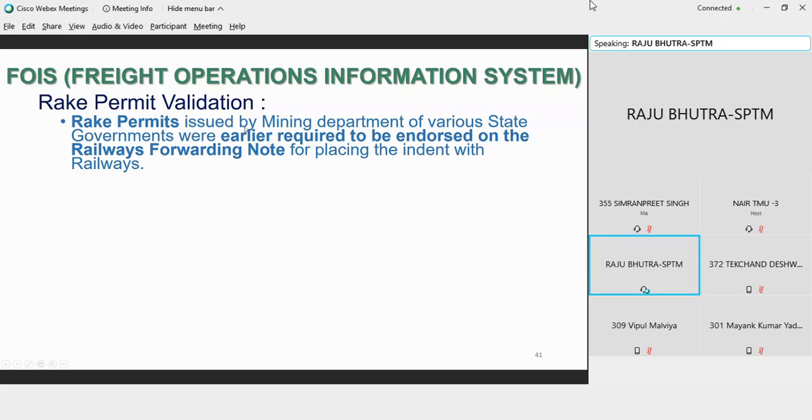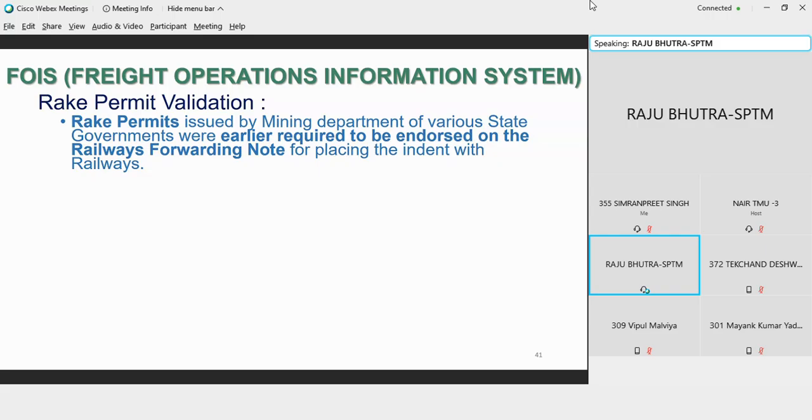Rake permit validation. Rake permits issued by mining departments of various state governments were earlier required to be endorsed on the railway's forwarding note for placing the indent with railway. So, for transportation of minerals and ores, some permits are required from mining departments, which were earlier endorsed physically on the railway forwarding note.